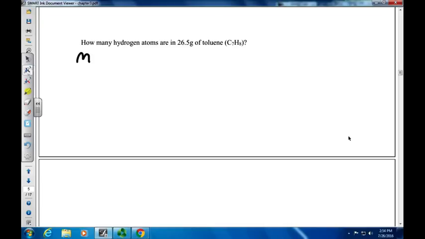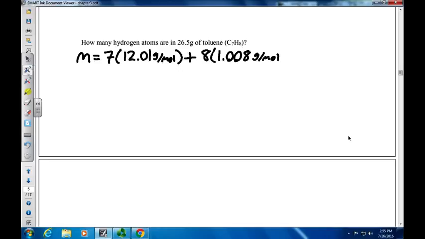So for the mass, we know that it's 7 carbons, so 7 times 12.01 grams per mole, plus 8 times 1.008 grams per mole.